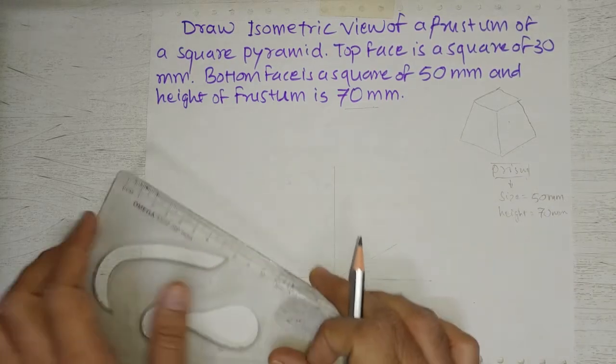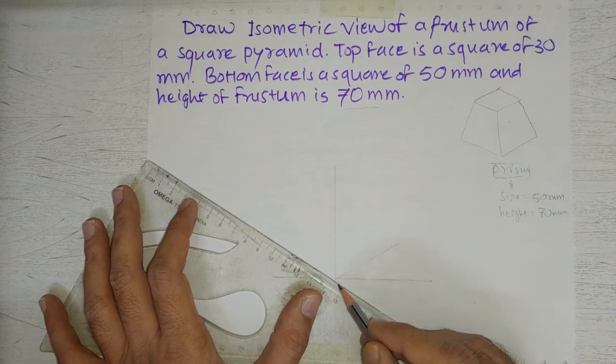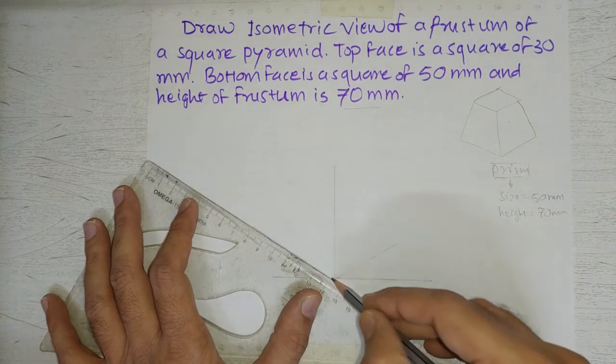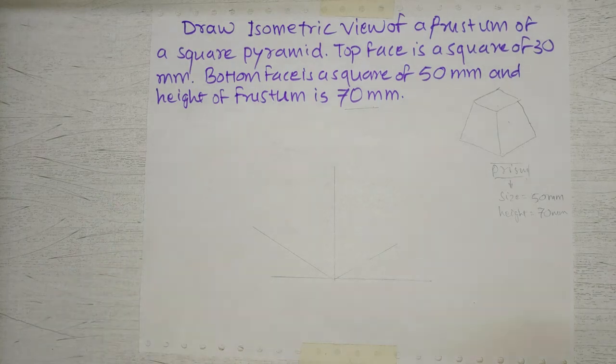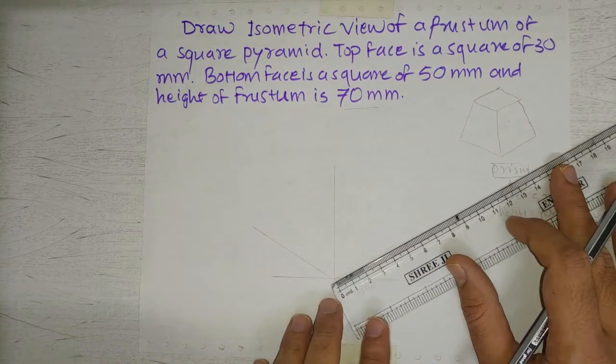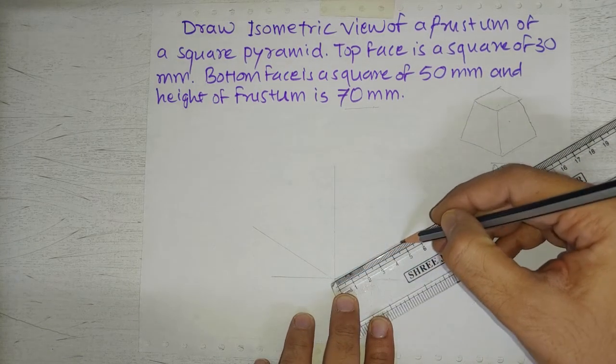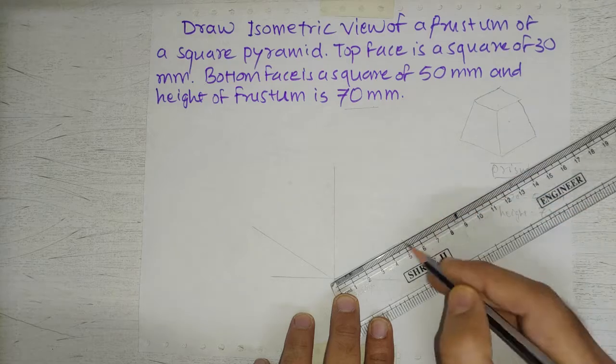Similarly, I will draw a line of 30 degree on the other side. Now as we know that the base is a square of 50 mm, we will put 50 mm length on these lines.